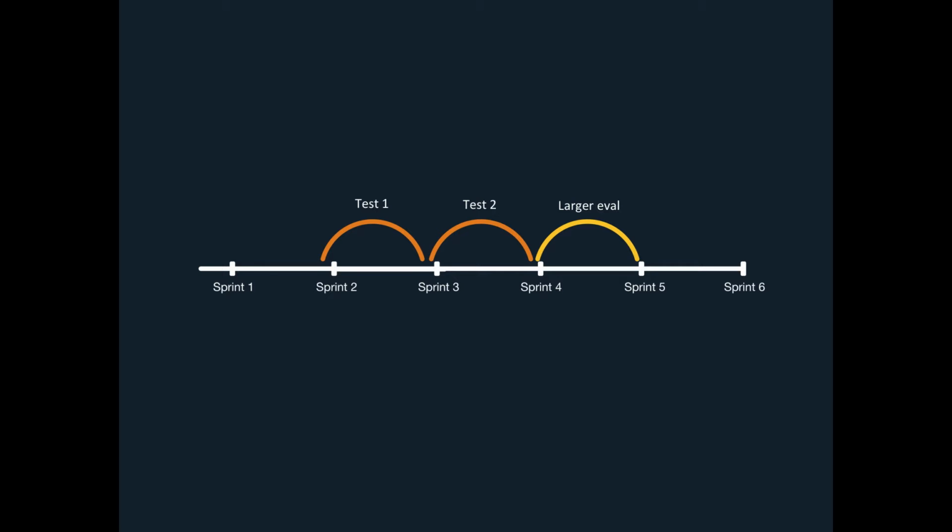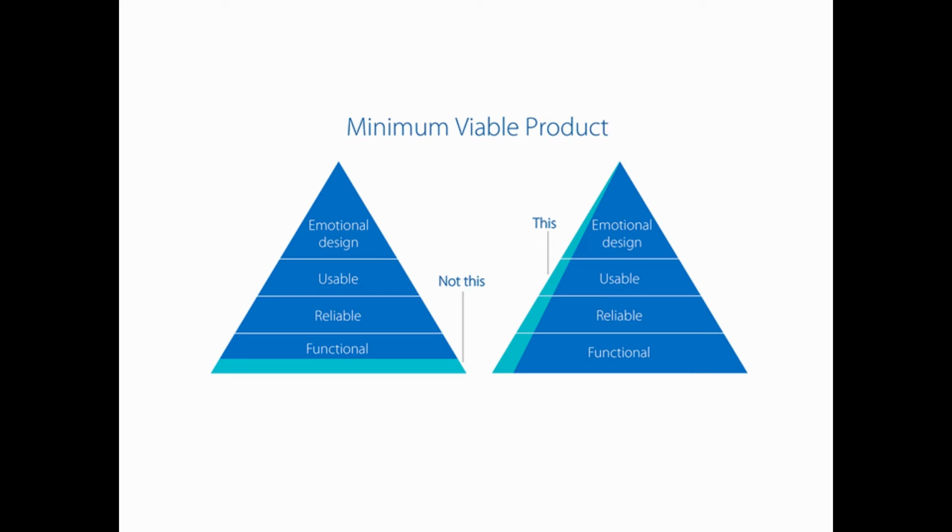So this large evaluation, the reason to do this is to make sure that you're not just building a functional product, but that the user experience is good across all of the different parts of the UX spectrum, so that you actually deliver value and not just functional use. Doing this larger evaluation allows you to evaluate across this spectrum.